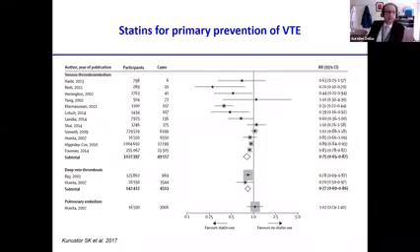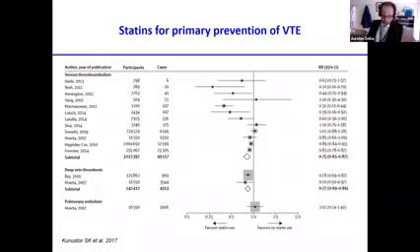However, you can see in these cohort studies that exposure to statins is associated with a significant 25% reduction in the overall risk of venous thromboembolism. This is confirmed for the risk of deep vein thrombosis.